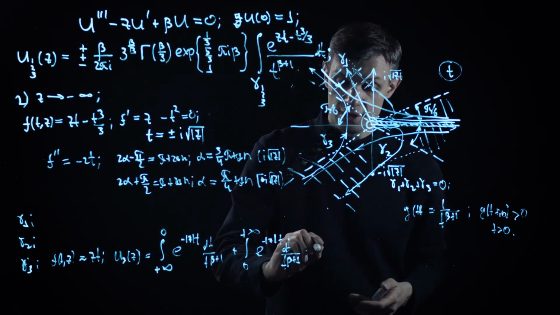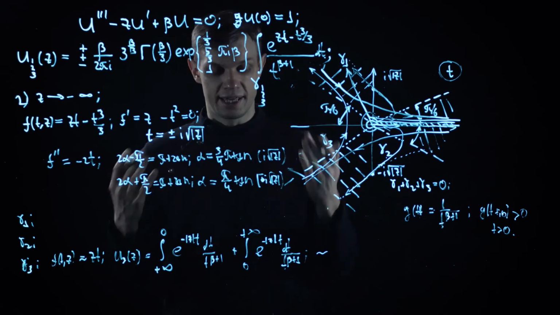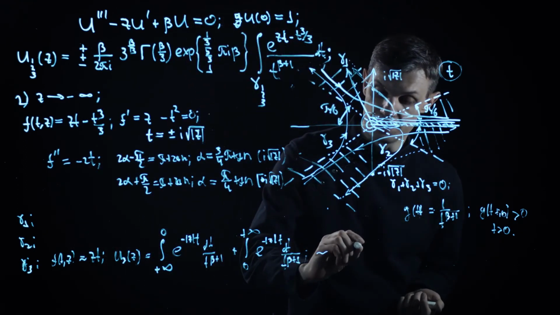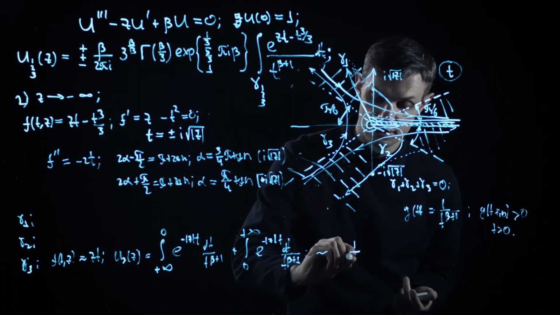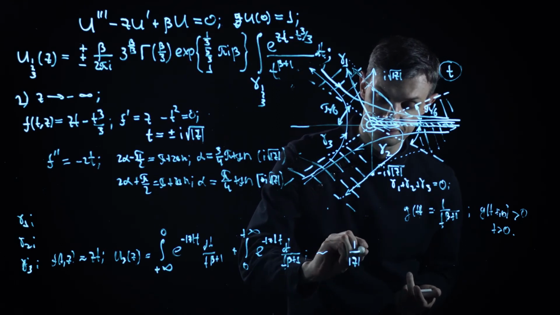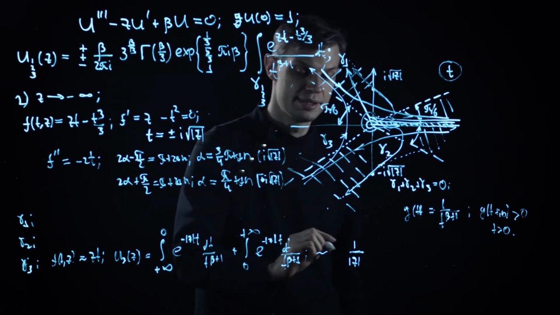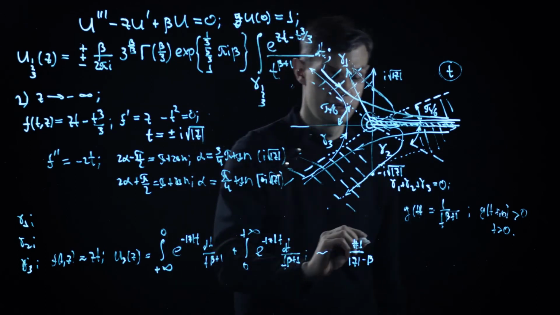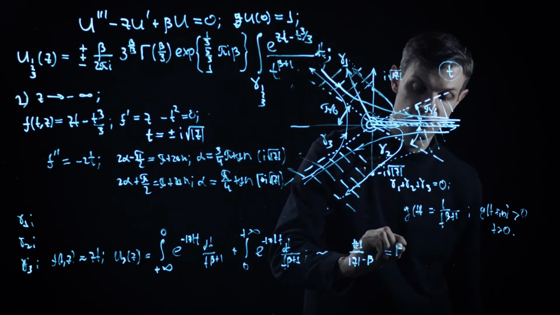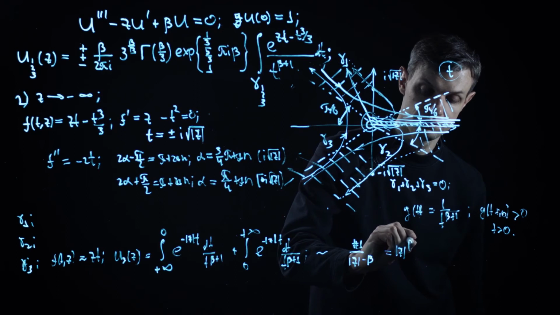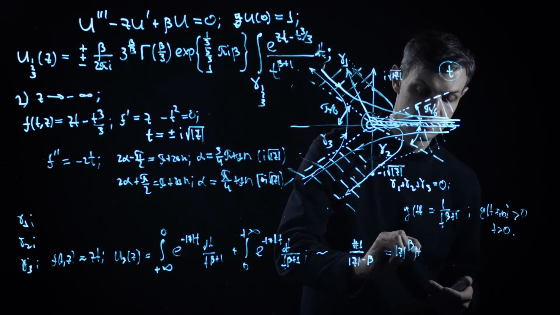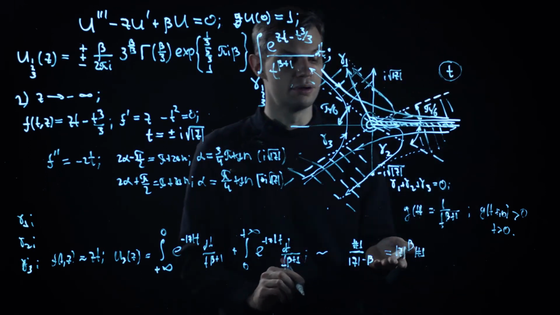But these are, of course, nothing but gamma function type expressions, and the answer is, of course, 1 over modulus z to the power minus beta times some prefactor, which you are supposed to compute at home. So the contribution from the branch point is just the power law behavior.